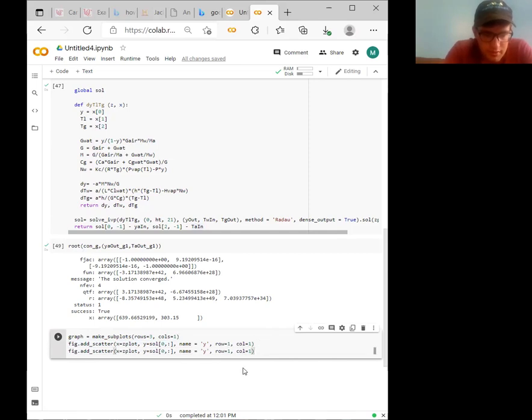And we're going to actually just copy and paste this because it's very, very similar, and I don't want to type all this out again for the temperature of the water and the temperature of the gas. So I'm going to go ahead and make this the second value in the array and name it TW.